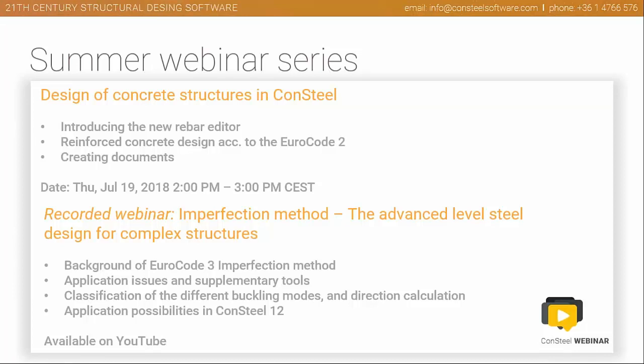This webinar has already been recorded and it is available on our YouTube channel. Also, we are going to have one more webinar in this summer webinar series, which will be about the design of concrete structures in ConSteel. The date of this webinar will be next week's Thursday.